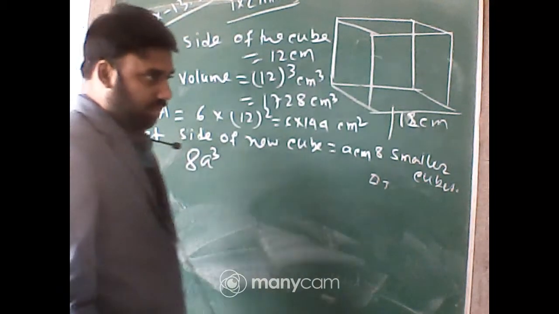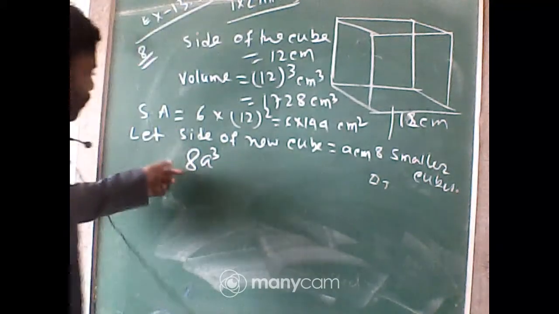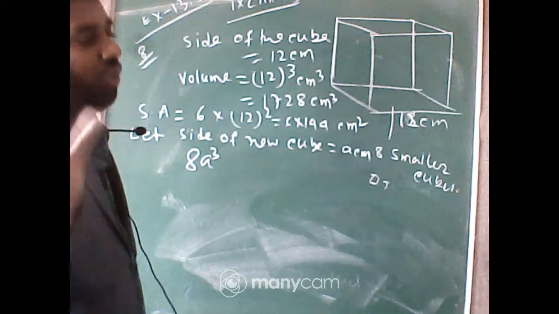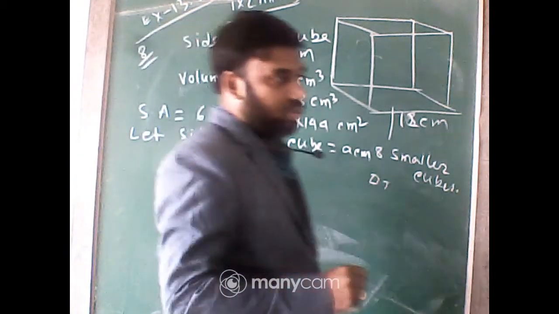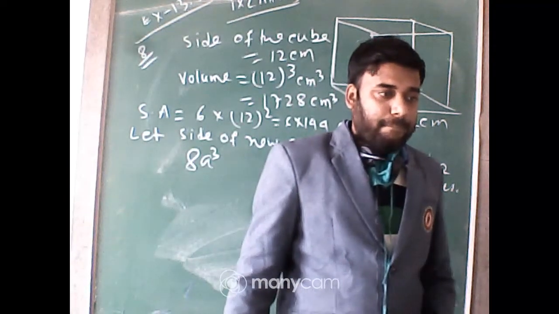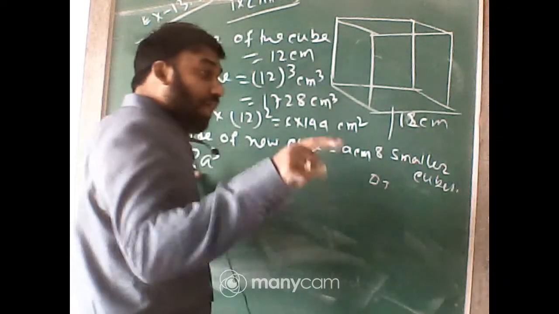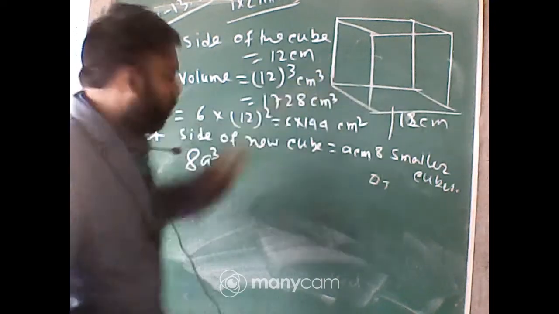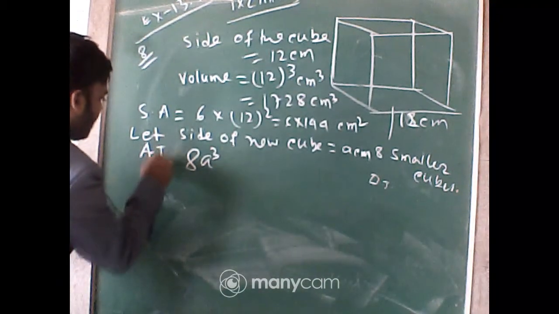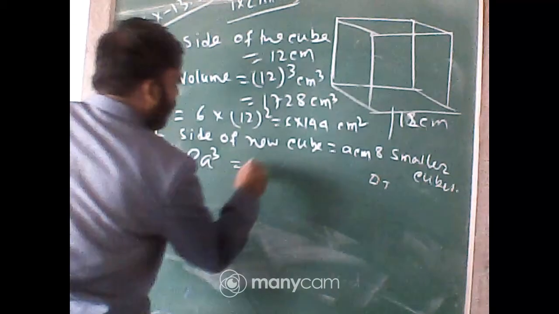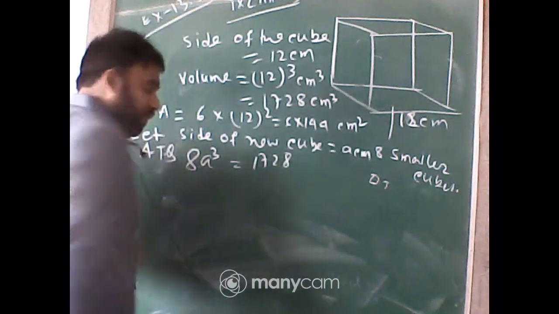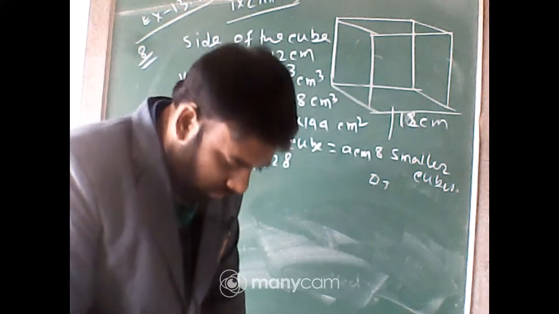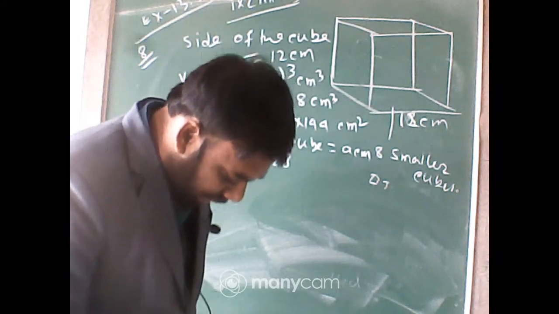Is it clear why it is 8 a cube? 8 a cube means the sum of the volume of 8 cubes, equal to the volume of the larger cube. So according to the question, 8 a cube equals 1728. Got it, everyone? Yes or no?